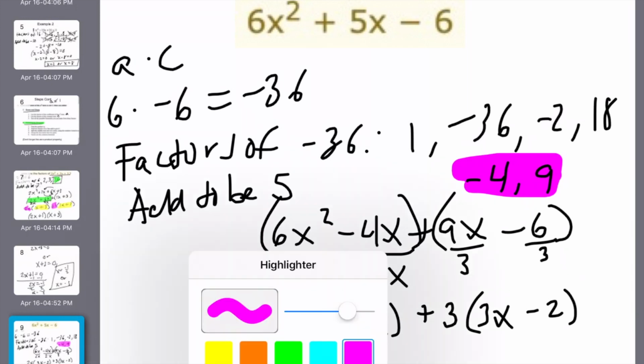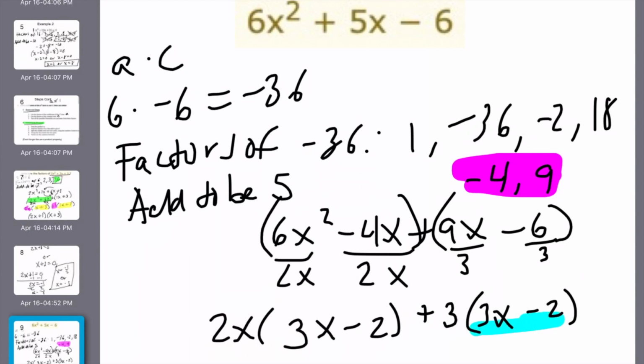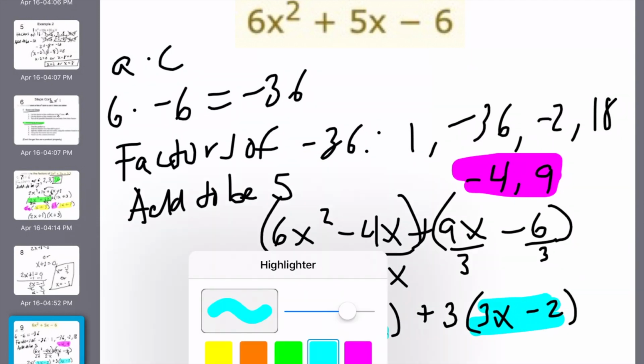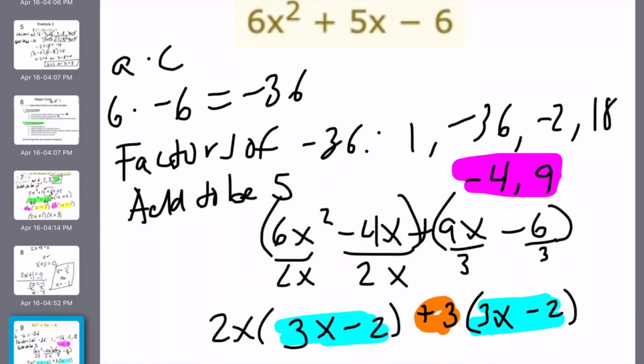I have my common binomial in 3x minus 2, which means that I have successfully grouped these and factored them correctly. And now it's just a matter of rewriting them to be the appropriate numbers. So I'm going to have 2x plus 3 as my first binomial, and then 3x minus 2.